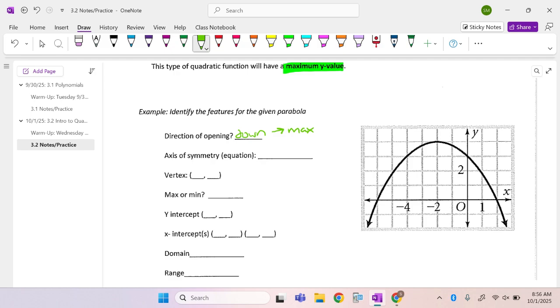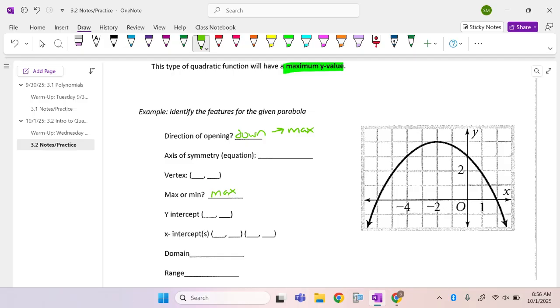All right. Take a minute, find the axis of symmetry. And Claire, you're going to be the one answering it. So Claire, where's the axis of symmetry?